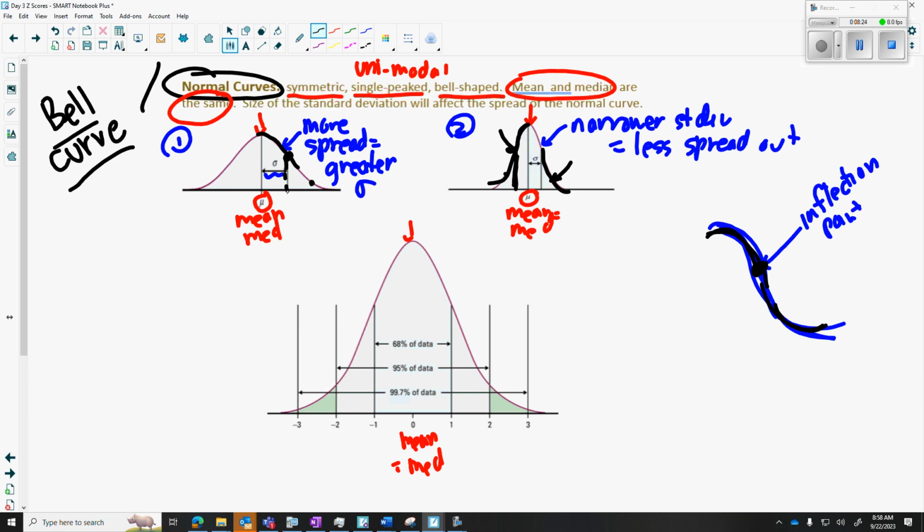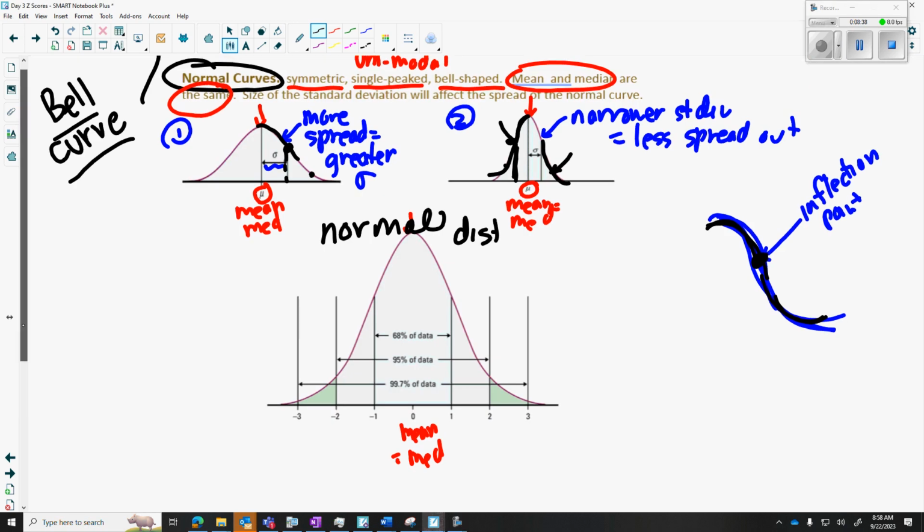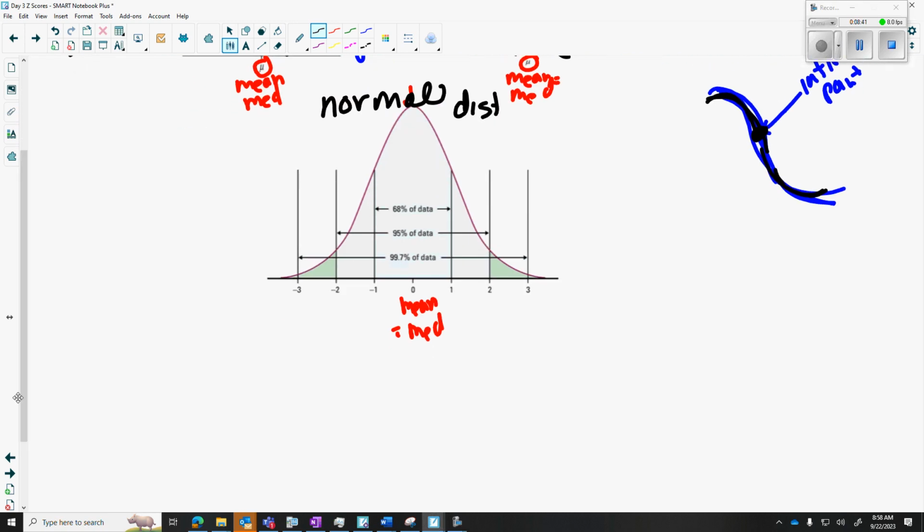Now, down below you see what's called the bell curve, but specifically this is the normal distribution. The normal distribution is dictated by what we call the empirical rule. Another name for the empirical rule is the 68, 95, 99.7 rule. And basically this is what it says.